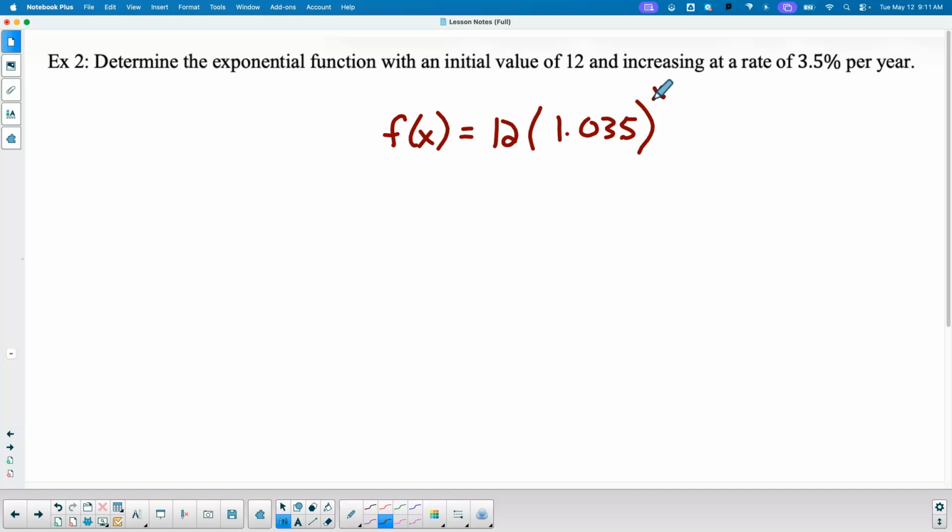And then we can utilize that function going forward to find whatever it is that we need to find.